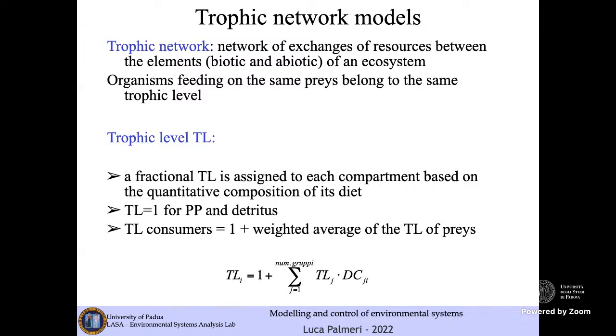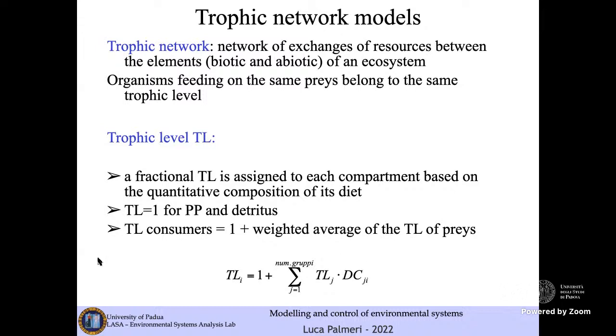I remind you, primary production, algae or plants, are the base of a trophic chain, or the base of a trophic network, so we attribute to these elements trophic level 1. Then we attribute to consumers a trophic level equal to 1 plus a weighted average of the trophic levels of the prey.